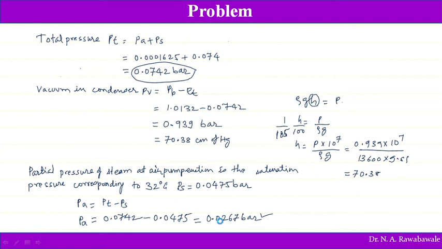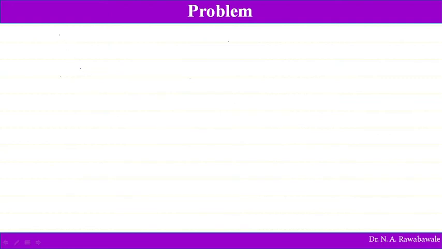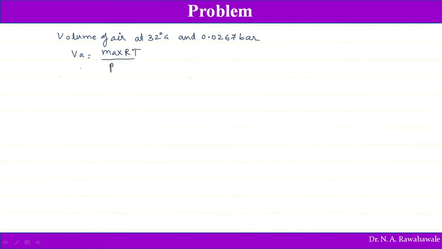PV equals mRT is rewritten: Va is equal to Ma into R T divided by Pa.